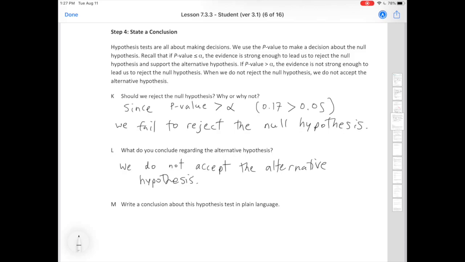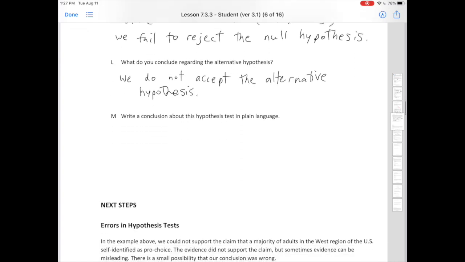Write a conclusion about this hypothesis test in plain language. Okay, so we always start by stating the significance level.